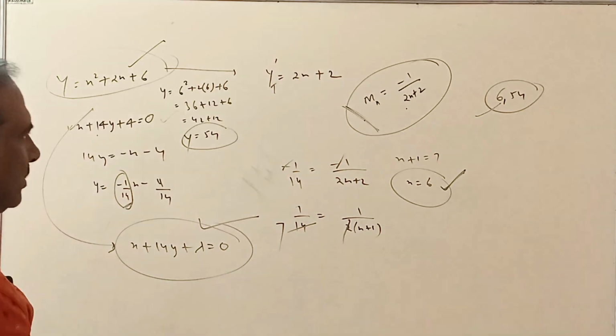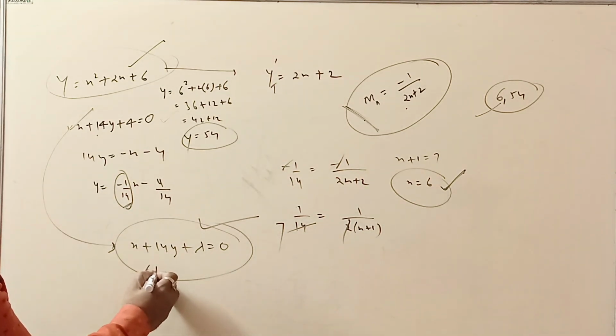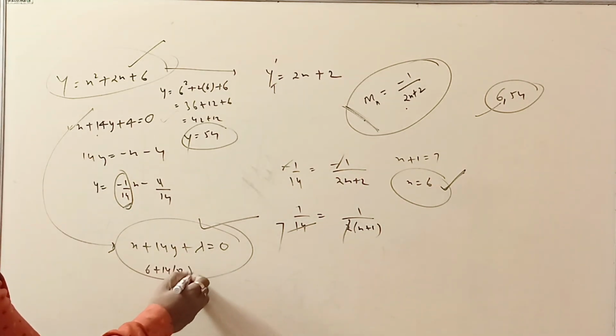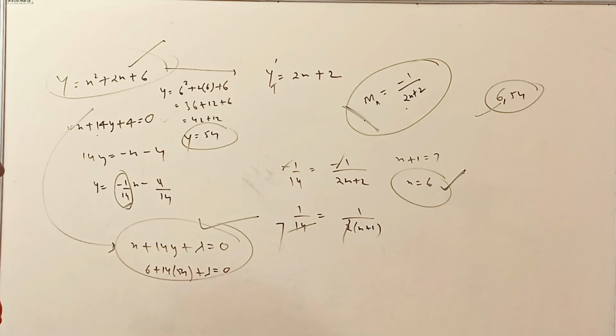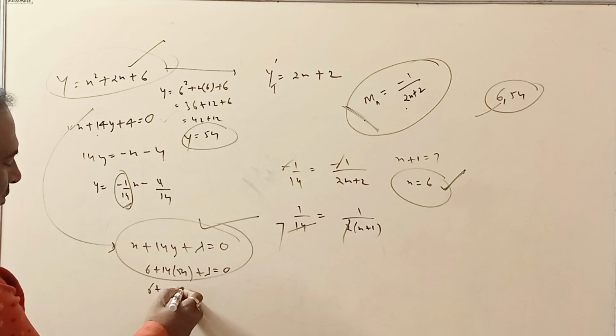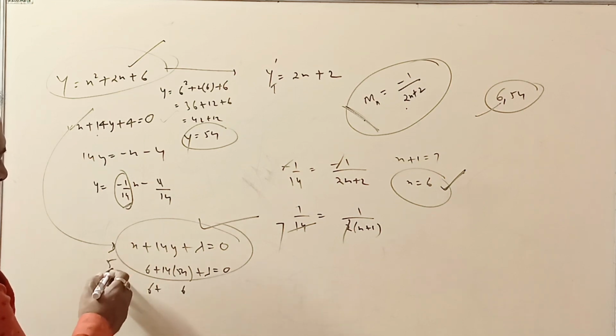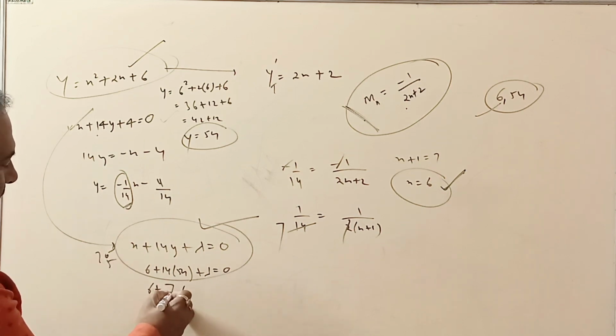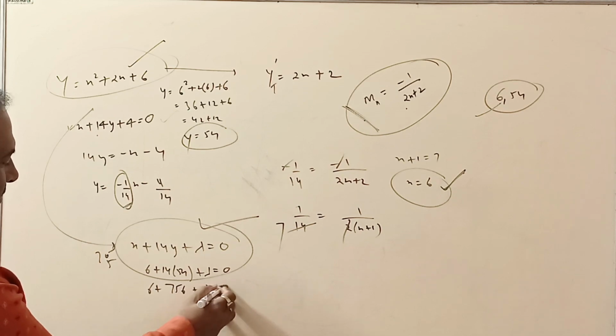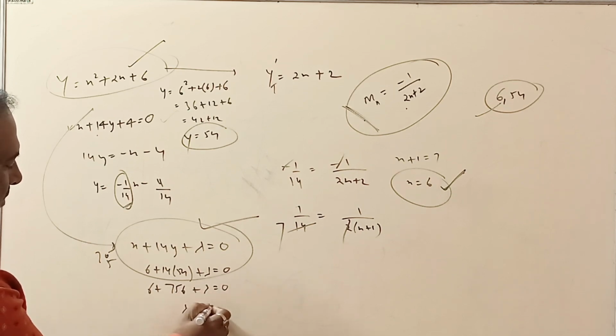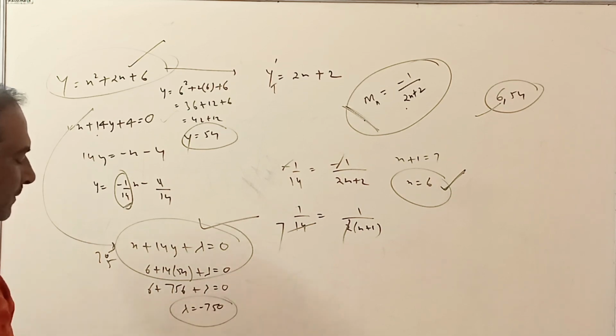So if I put x = 6, plus 14 times 54, plus λ = 0, how much will I have? 14 times 54 is 756, so 6 + 756 + λ = 0. You will have λ = -762.